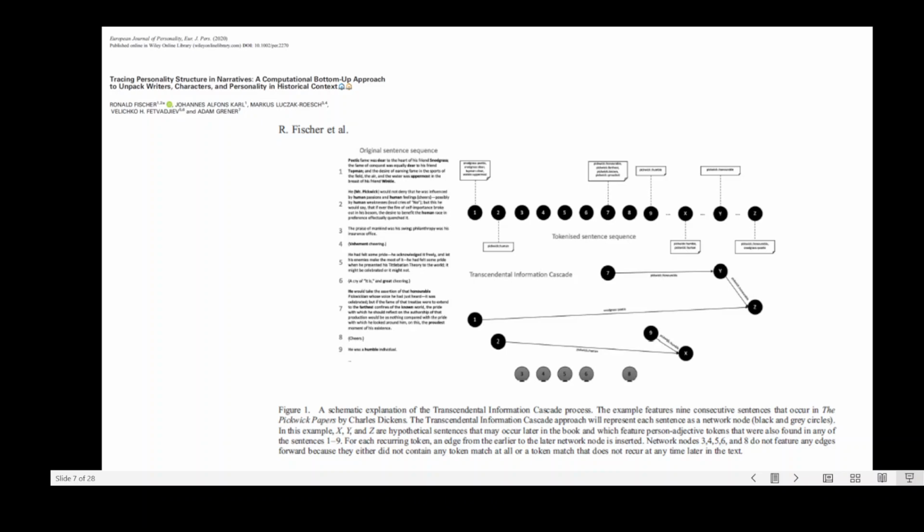So for doing that, we use an approach that Marcus has developed, which is a transcendental information cascade, which is essentially a network approach that captures objects over time and gives relevant information tokens to these objects, and they can be traced over time.